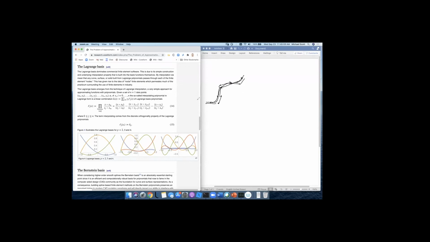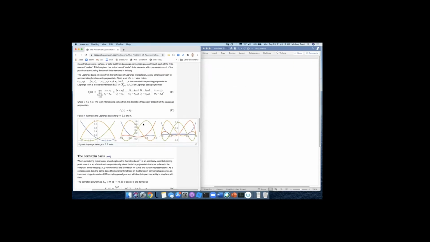Okay. But to get a convex hull, you need one other property here. So let's go down now to the basis we're going to use most, which is the Bernstein basis. The Bernstein basis really underlies modern CAD. You've probably heard of Bezier curves.